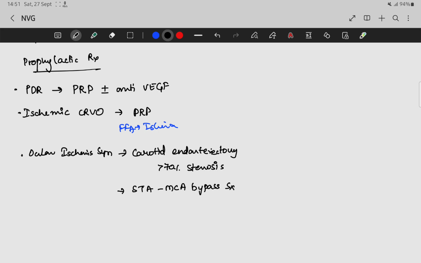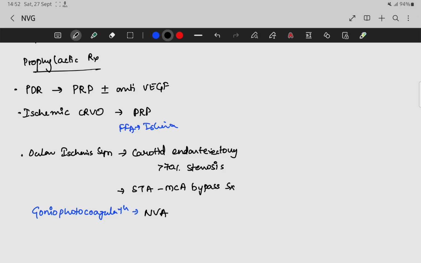And there is a procedure called gonio photocoagulation. This is a laser therapy which treats the neovascularization of the angle before the development of neovascular glaucoma.